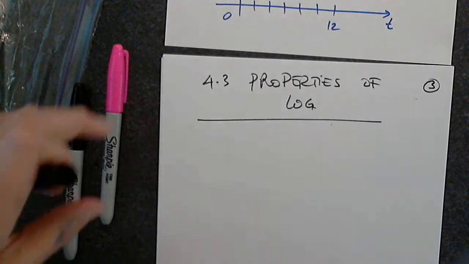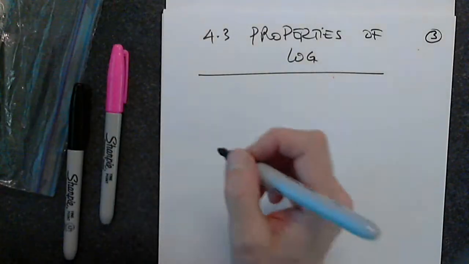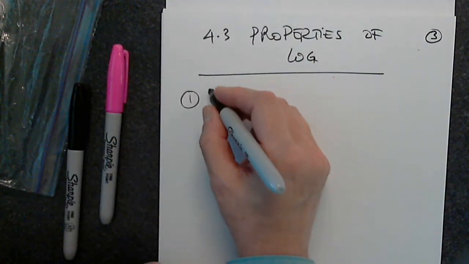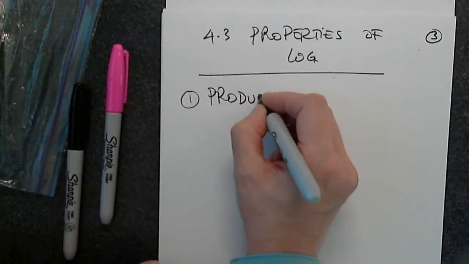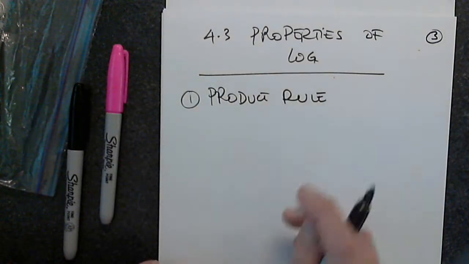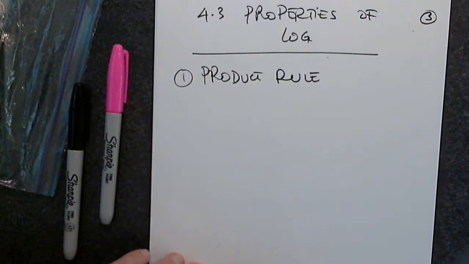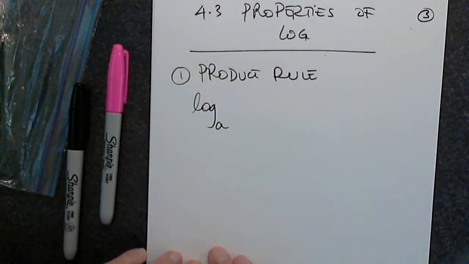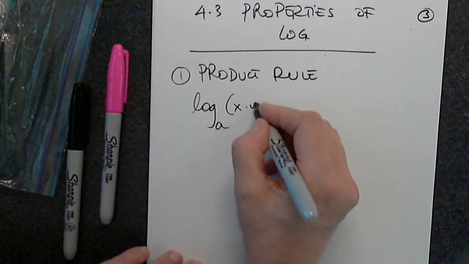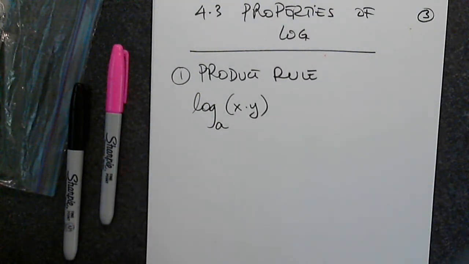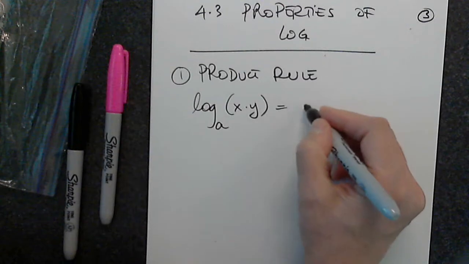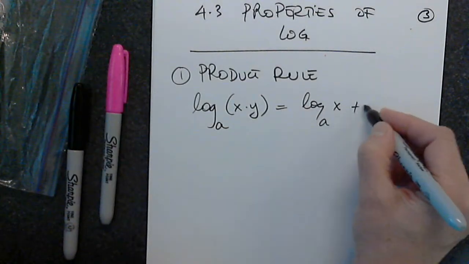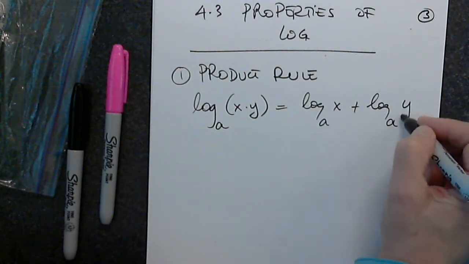So 3 properties plus a change of base formula. Property number 1 is the product rule. Log in any base of a product. It can be 2 factors, 3 factors, any number of factors. This is the same with log base A of x plus log base A of y.